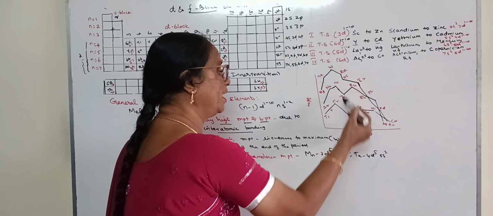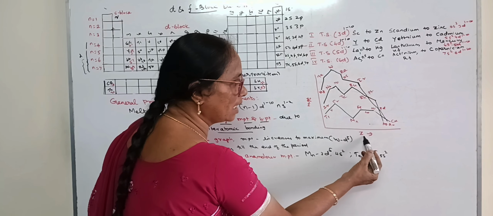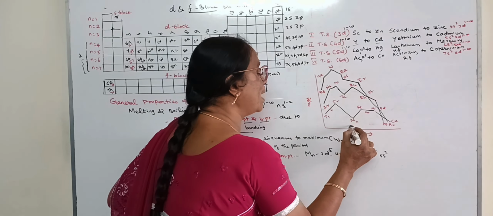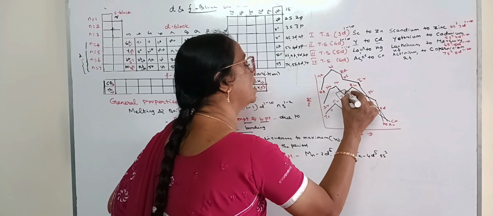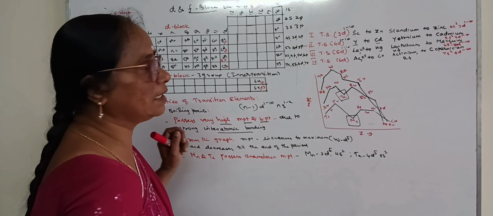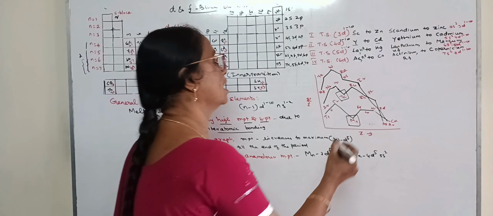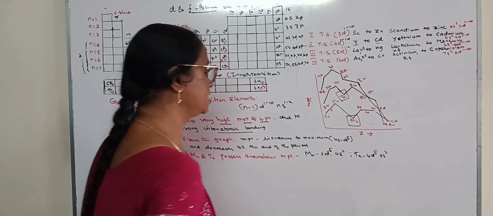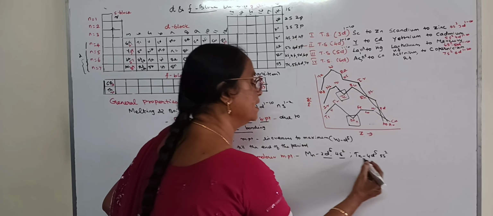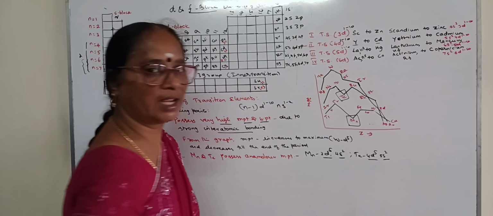So we may find in the graph, when we plot atomic number versus melting point, that manganese and technetium show anomalous property in the melting point. This is because manganese has 3d5 4s2 configuration and technetium 4d5 5s2.